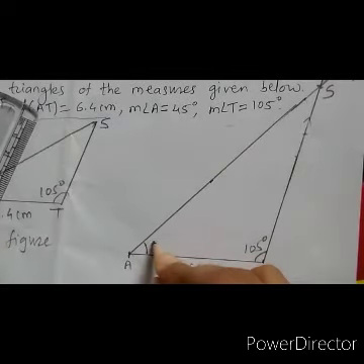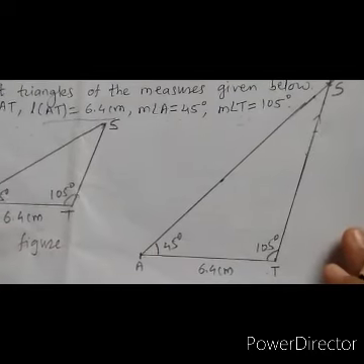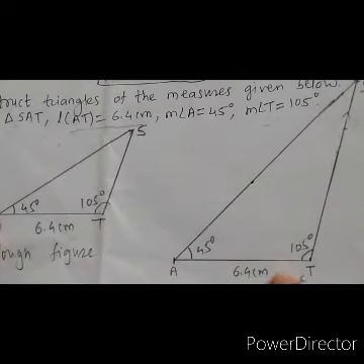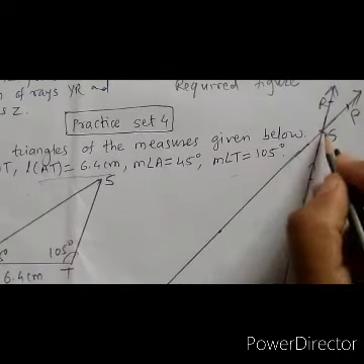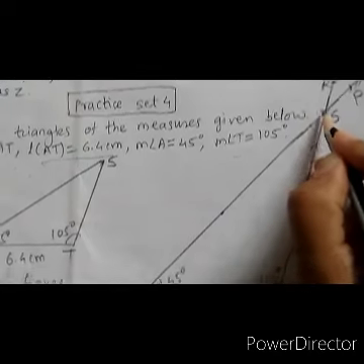Angle A is equal to 45 degrees, angle T 105 degrees, and segment AT is equal to 6.4 centimeter. And at the intersection of these two rays we got point S, and therefore we got triangle SAT.